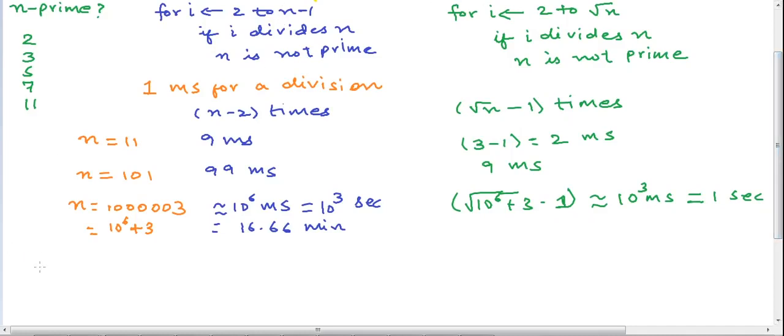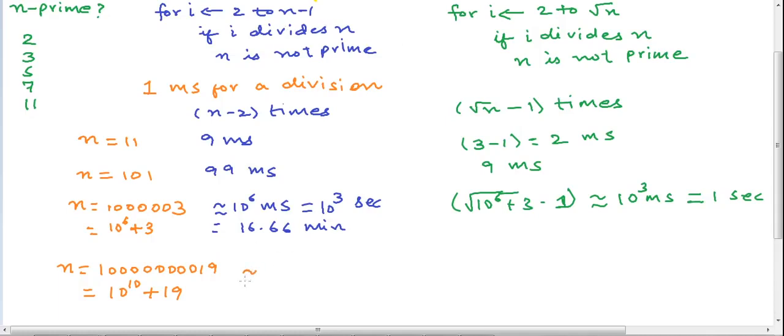Let's pick up a really higher value this time, an 11-digit prime number, which is equal to 10 to the power 10 plus 19, and this is a prime as well. So the loop will run exactly n minus 2 times.